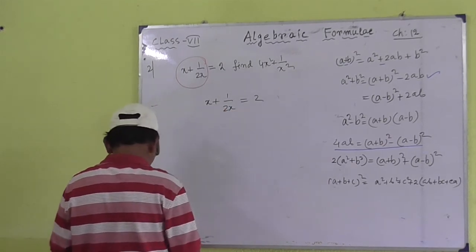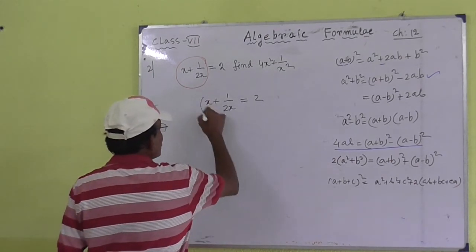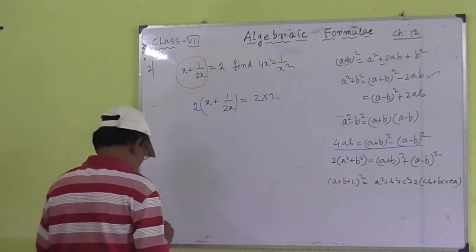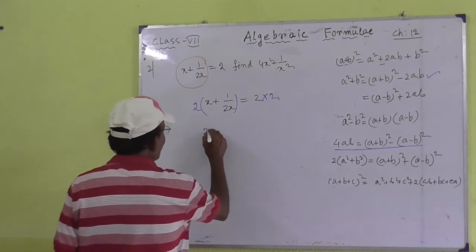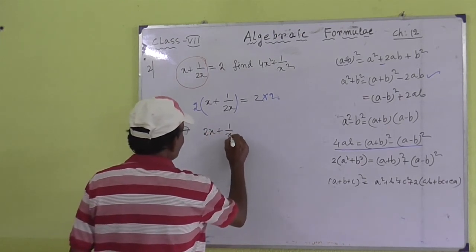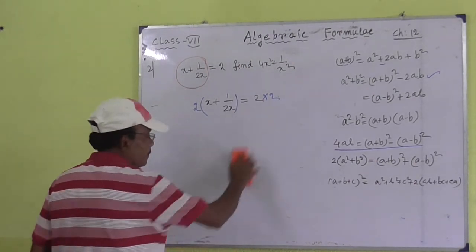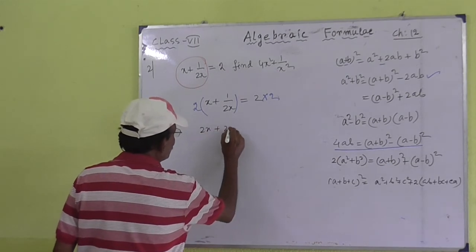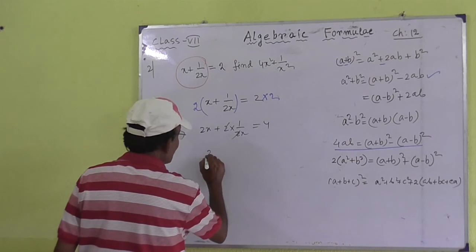If we multiply both sides by 2, this gives the result 2x plus 2 into 1 by 2x equal to 4, cancelling this.